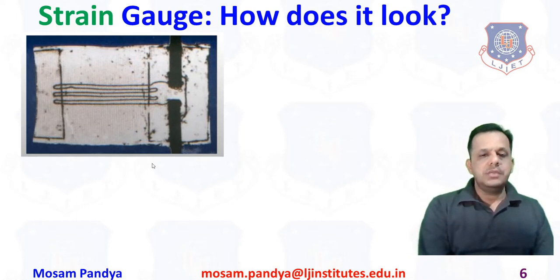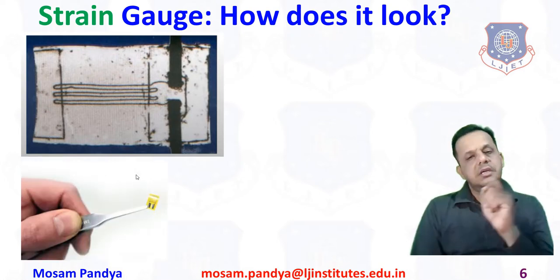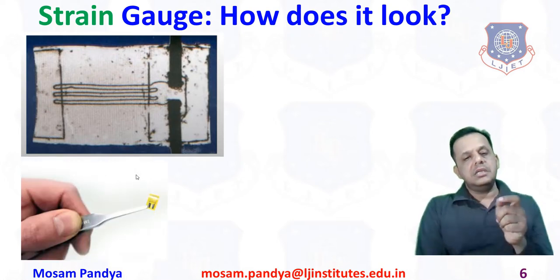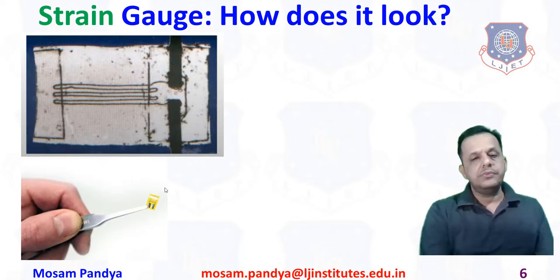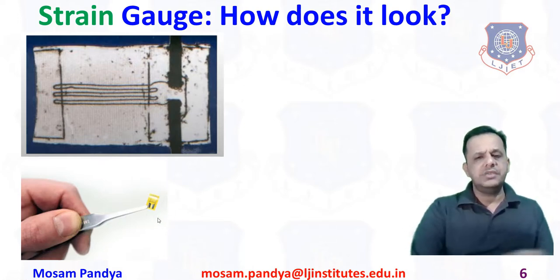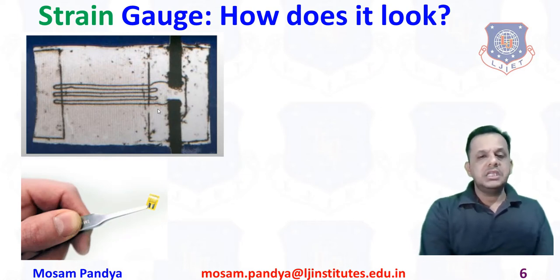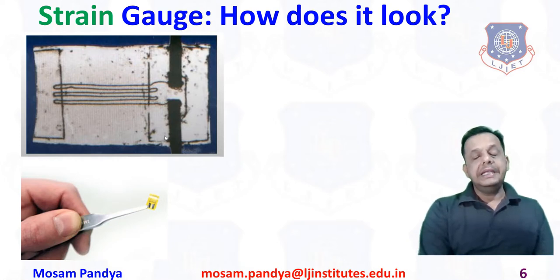Here you see the picture, and I'm showing you another so you can imagine the scale of the actual strain gauge. Basically, this is one of the foil type strain gauges that we'll see ahead. This picture is a larger picture, and this is the very small one. This is the actual size, so this is quite magnified.